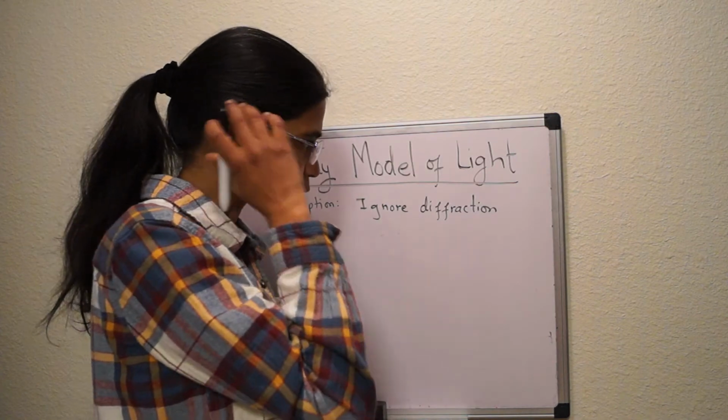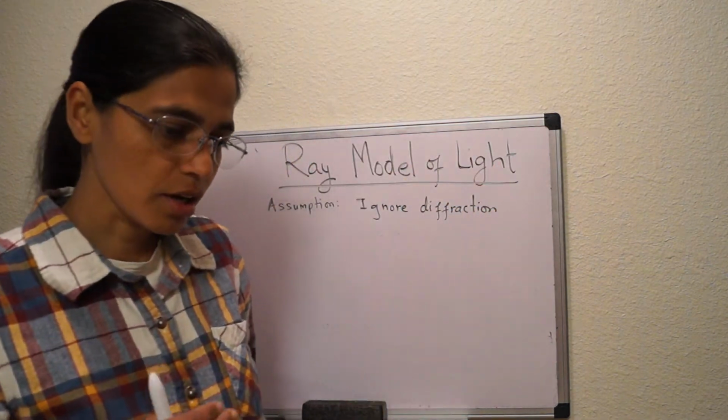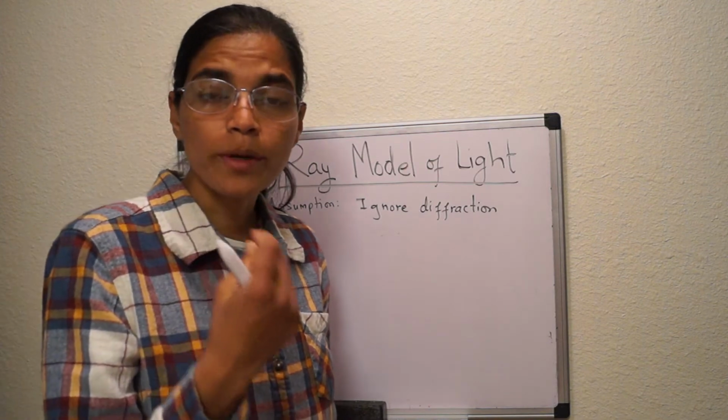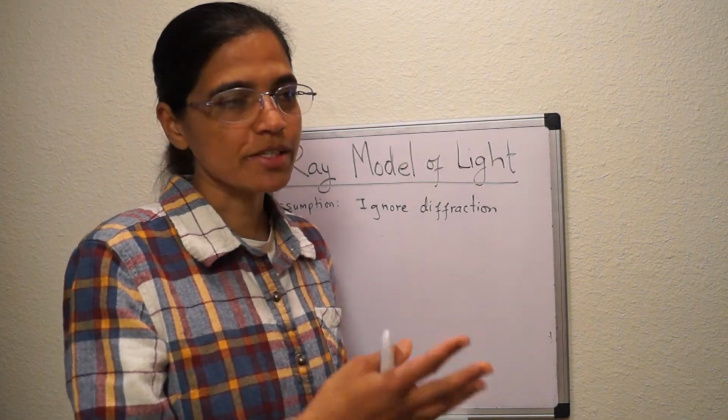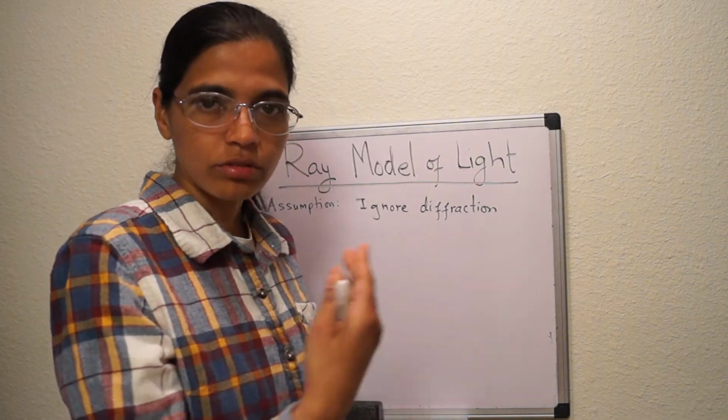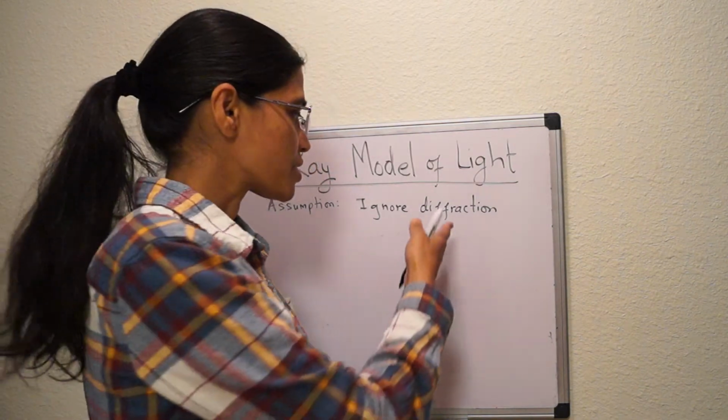Remember, last time we saw that if we allow light to pass through a very narrow opening, it travels like a wave, and we saw the bending of light that we call diffraction.